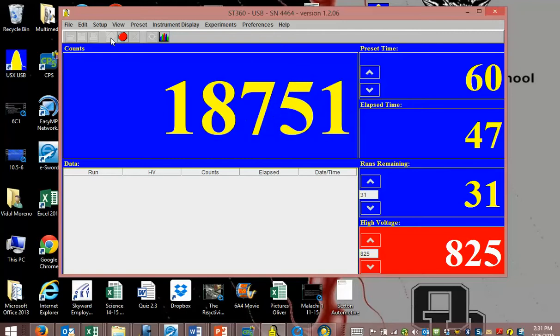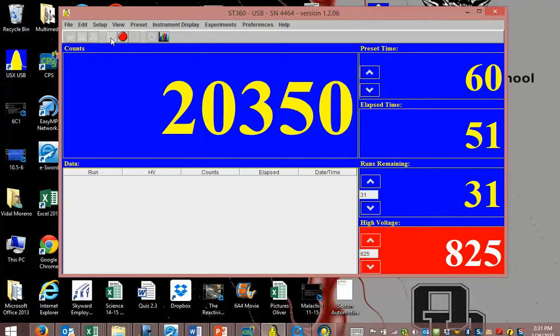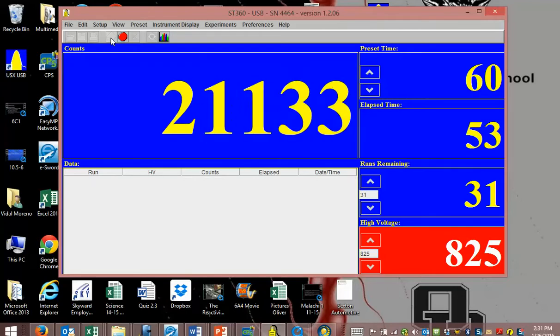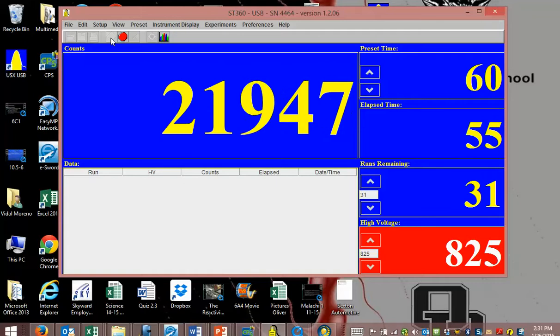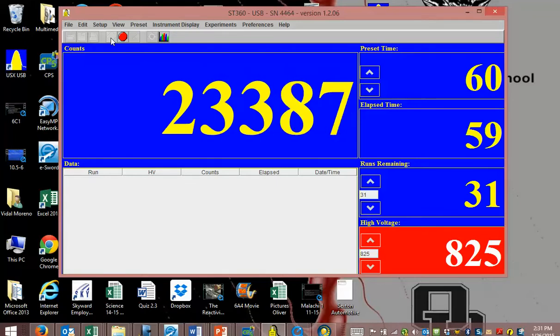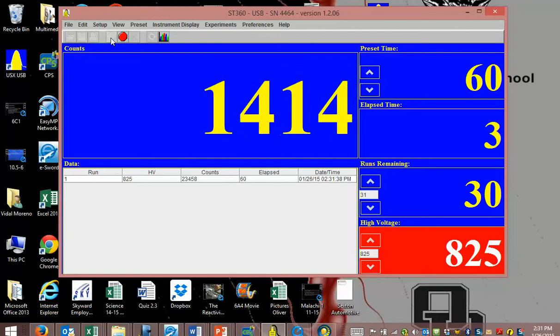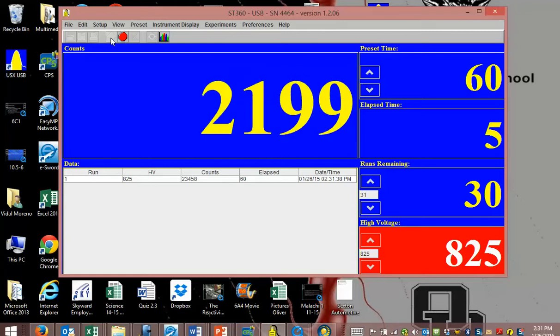What I did on Friday is take a 10-minute count, making sure all my sources were far away, because I wanted to get a feel for how radioactive the air, this environment is here in LC215. So, here are the numbers.